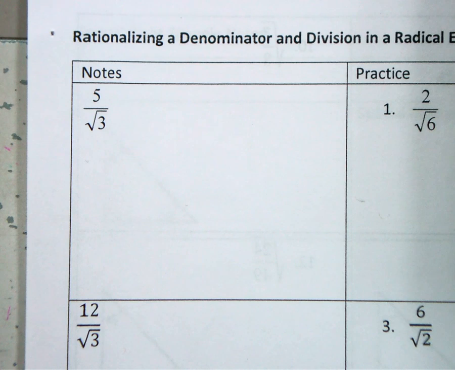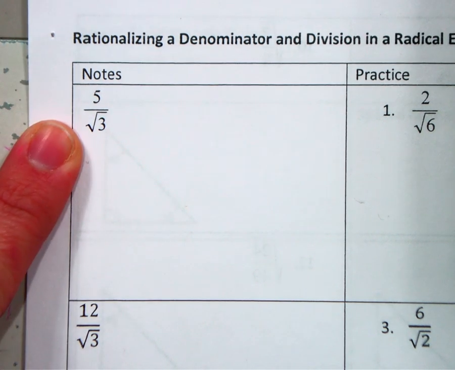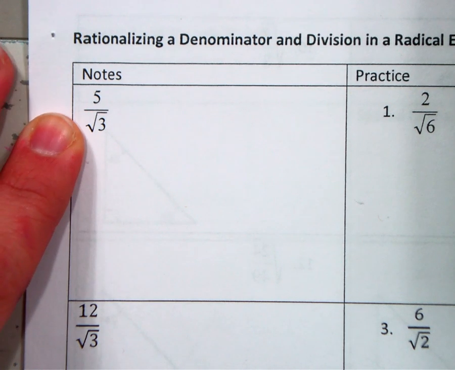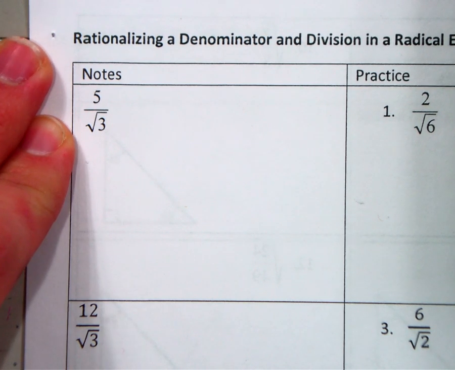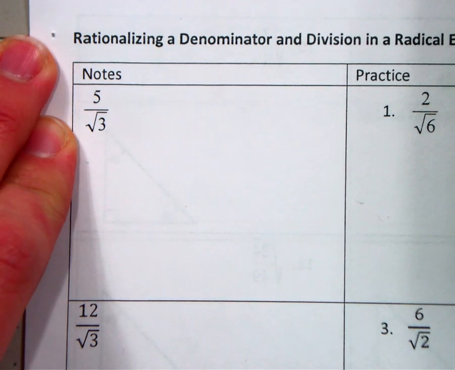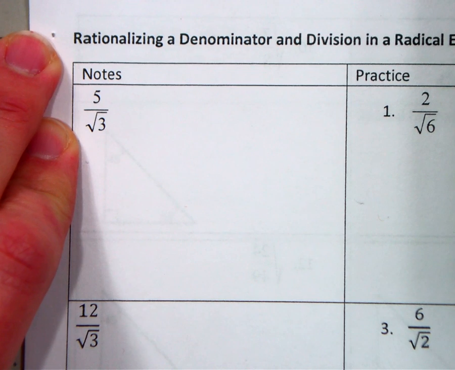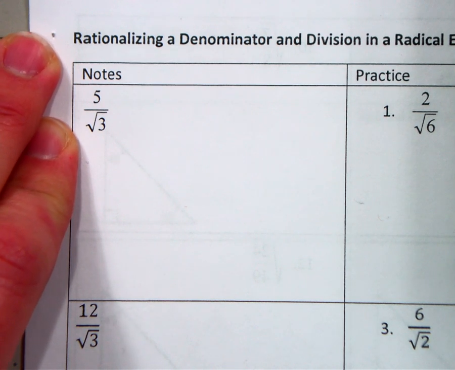So the issue is, if you're dividing by a radical, I don't know what number to actually type in my calculator because anything you type in, it's going to round it to divide. So when we're looking at exact answers, okay, you're going to see this on your test and on your quiz. It's going to ask for the exact answer. And anytime you put something in your calculator, it's rounding.